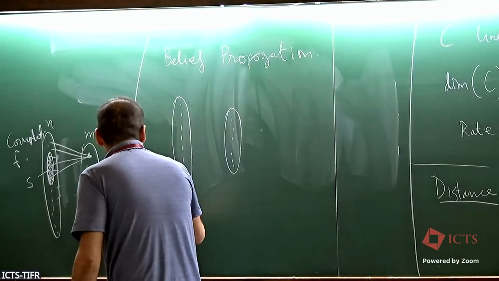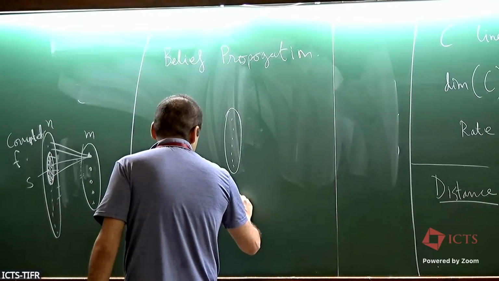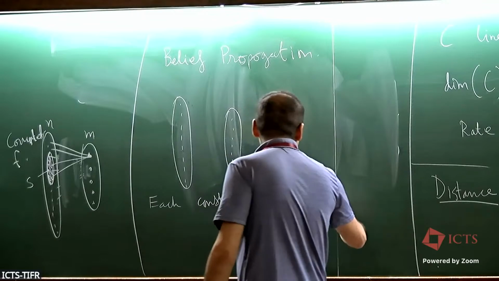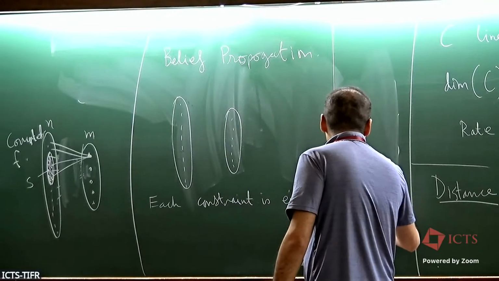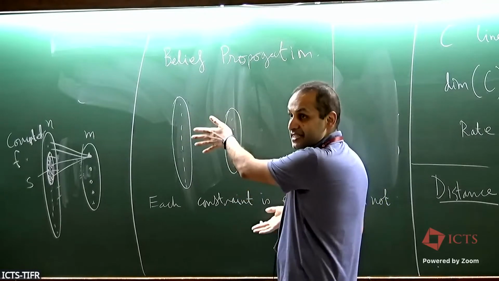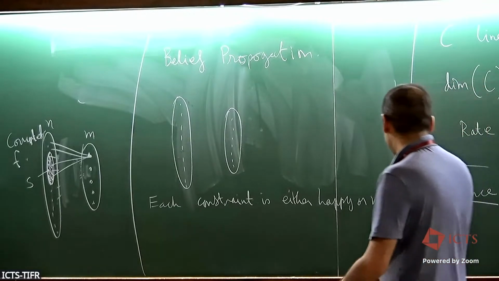So each constraint is either happy or not. By happy I mean it's happy with the state of affairs of its neighbors. Is their parity 0 or not?